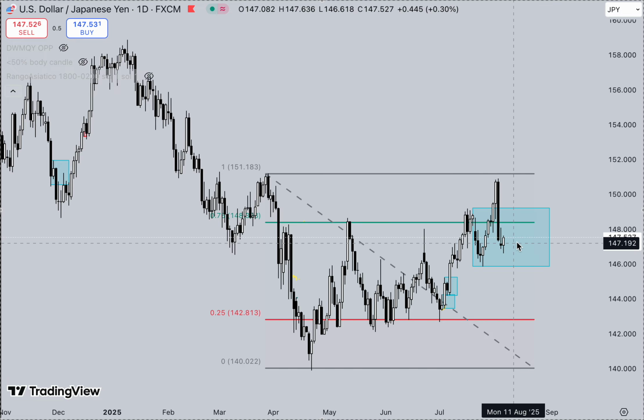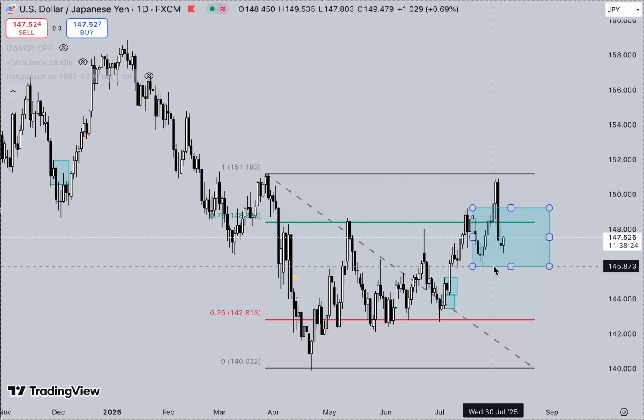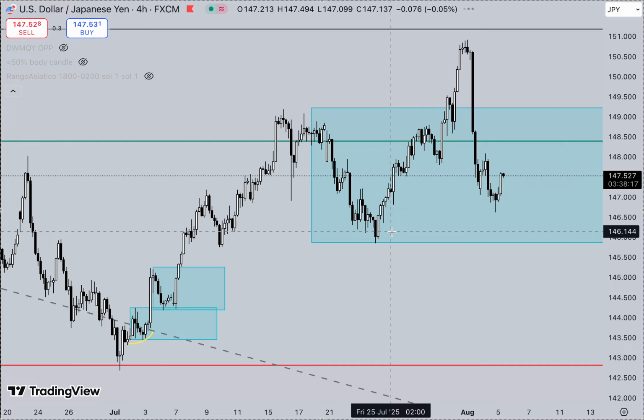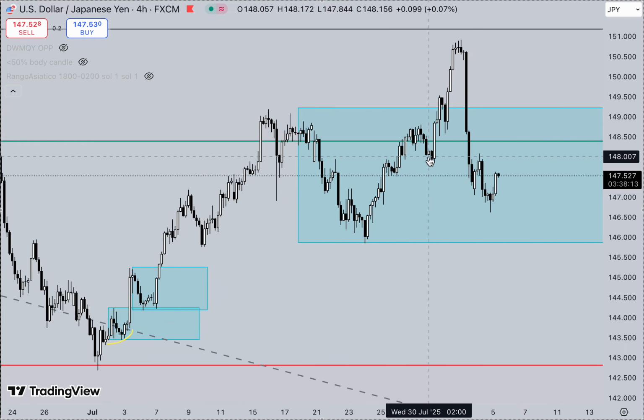These are demand. Now we're inside an area of demand which would enable us to look for further buys. The thing is, in this area of demand, we didn't grab this liquidity. We have open areas of liquidity, so we have to be watchful of that right here.